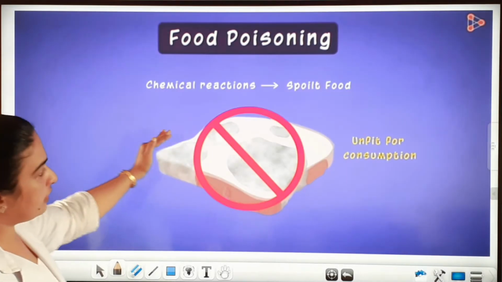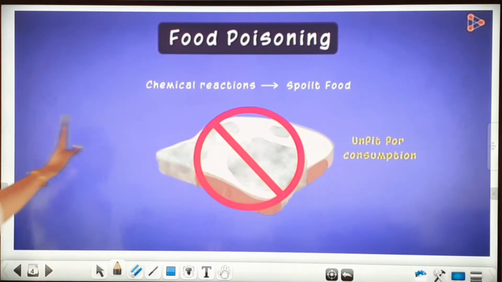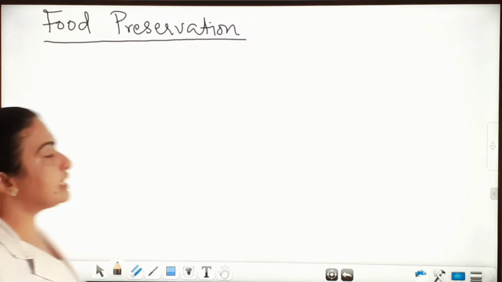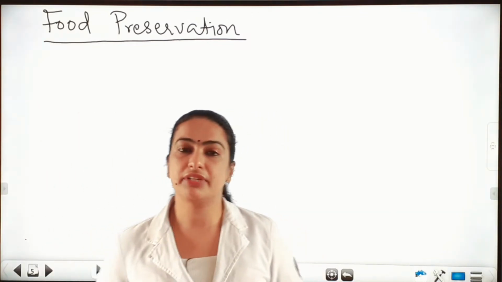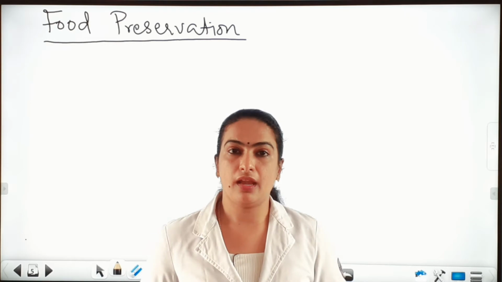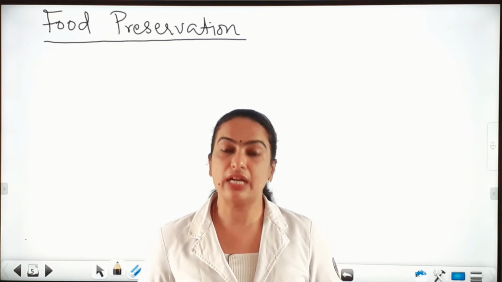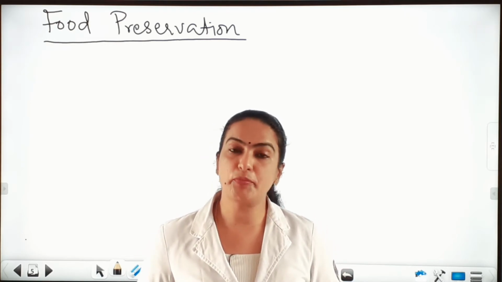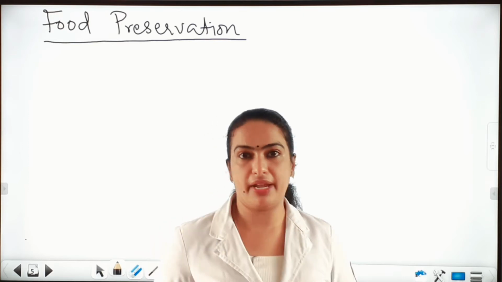So already I taught you the food unfit for consumption due to the chemical toxicity of microbes. Now we can see the food preservation. Food preservation means keeping the food items safe for consumption by preventing the growth of microbes.